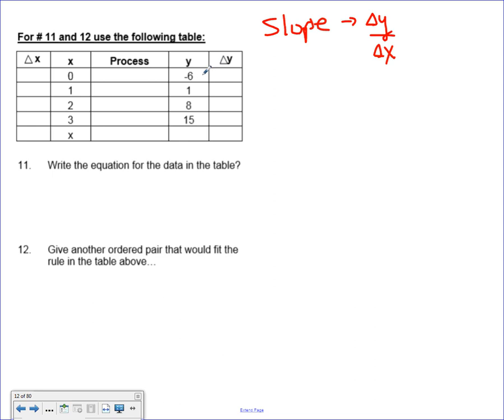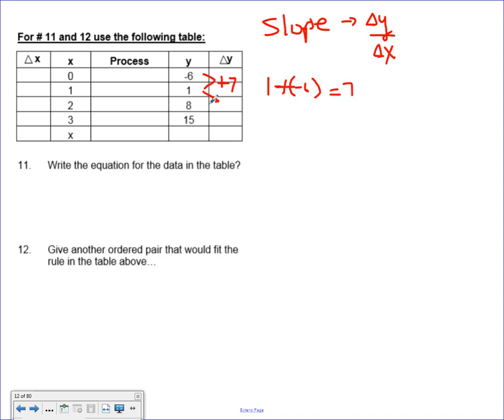The change from my first y value to my second y value would be adding 7. And to type that in your calculator, you do bottom number minus top number. So to find the delta y, I do 1 minus a negative 6. Two negatives together like that cancel to make a positive, and 1 plus 6 gives me 7, so positive 7.